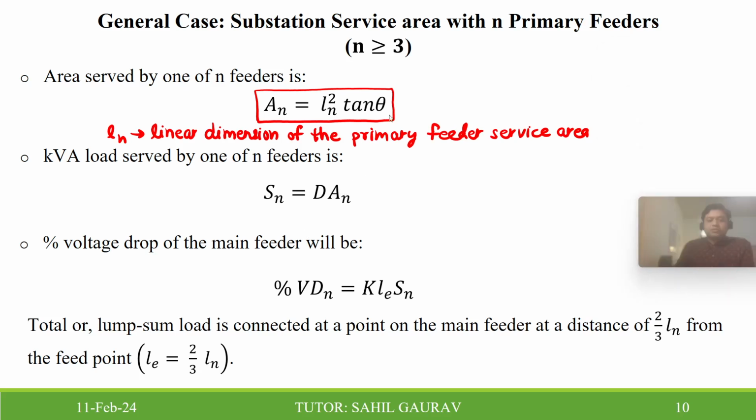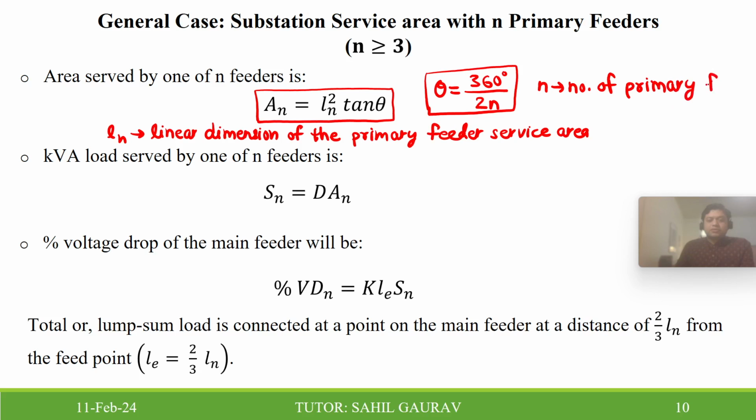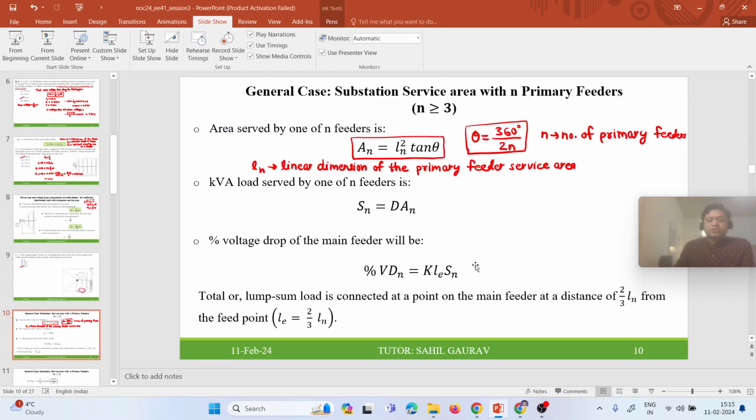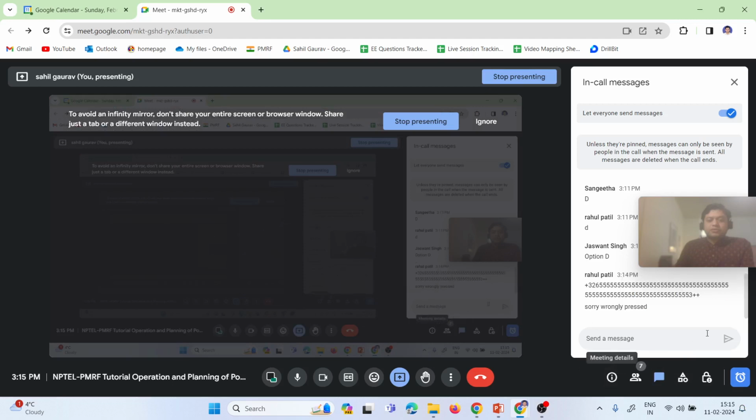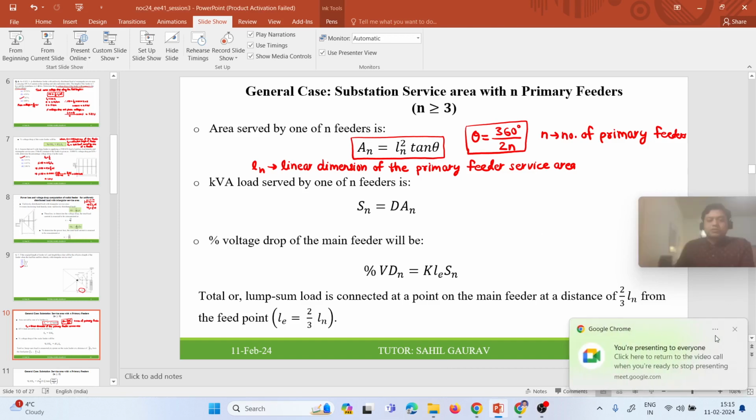And tan theta is a unitless quantity, so we get L_n squared, that is mile squared, as the unit of area, and theta is equal to 360 divided by 2n. And n is the number of primary feeders.